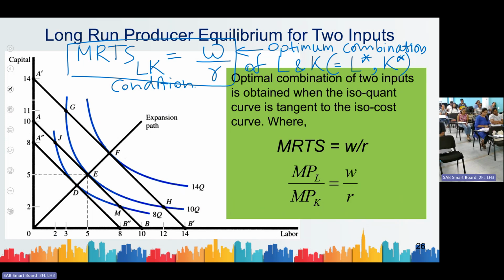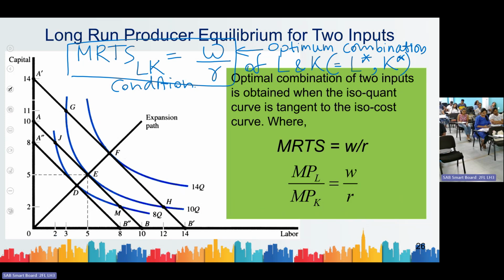What is MRTS? Slope of the isoquant. What is W over R? Slope of the isocost. The optimum combination of labor and capital will be determined when the slope of the isoquant and the slope of the isocost are the same.